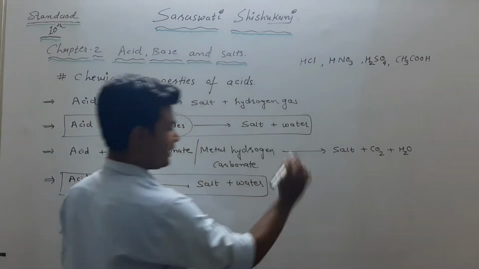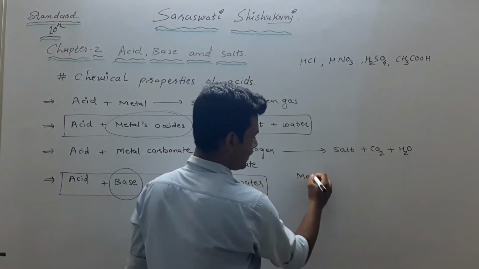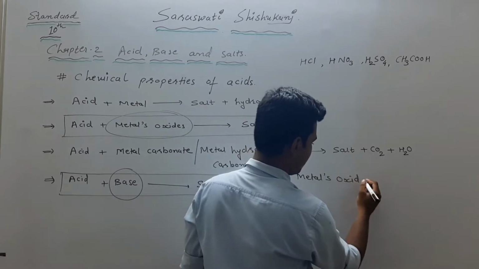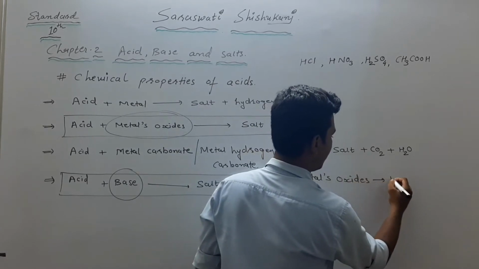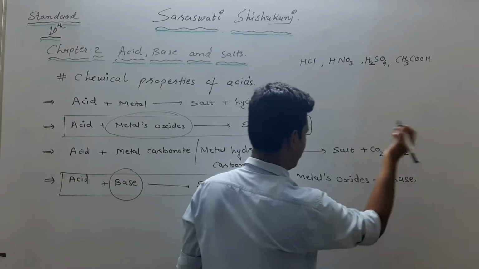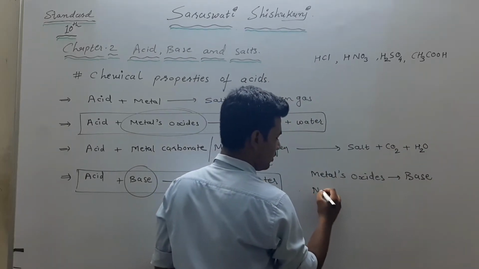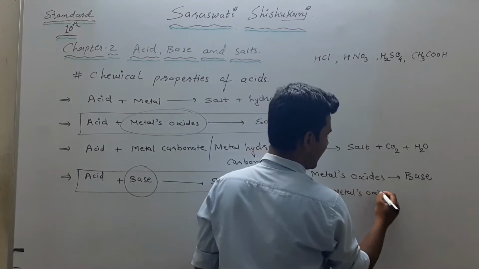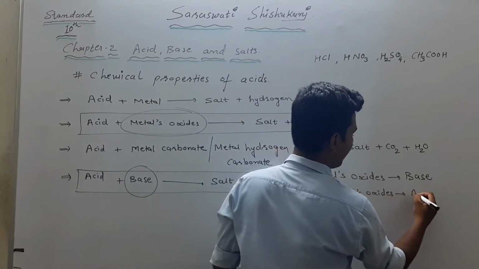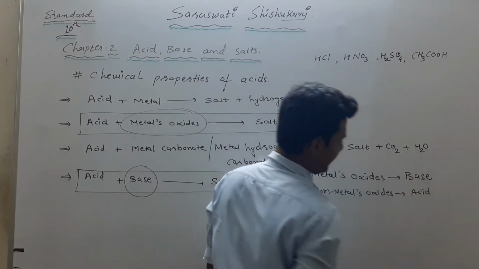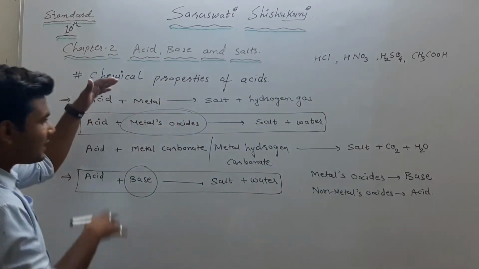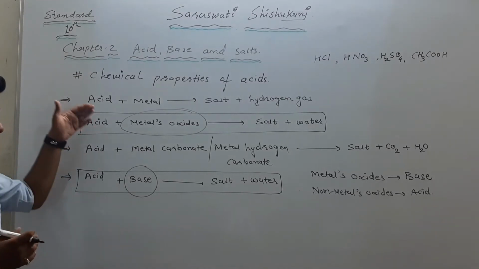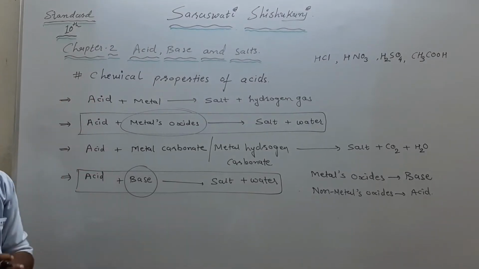That means, remember, metal oxides are basic, and non-metal oxides are acidic in nature. So these are just the common reactions. Now we will discuss each and every reaction in detail.